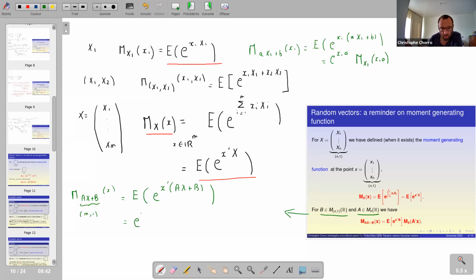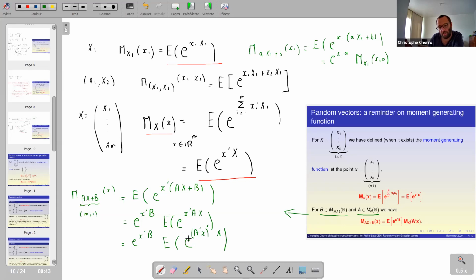So I have exponential x prime b, multiplied by the expectation of exponential x prime a capital X, that I will denote as expectation of exponential of (a prime x) prime multiplied by capital X. Because I use what I know about the transpose: (a prime x) transpose is just x prime times a transpose transpose, that is equal to a.